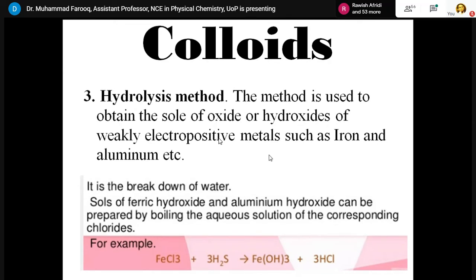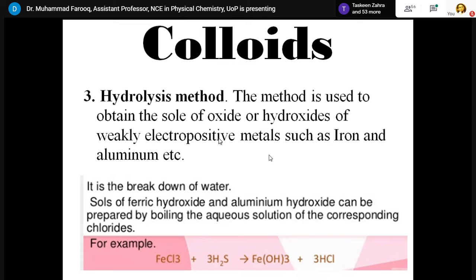For example, in the hydrolysis method, if we have an aqueous solution of iron chloride and want to prepare the colloid, we heat the solution. Upon heating, the FeCl3 molecule will break down, chlorine will be released, and iron hydroxide will be formed.